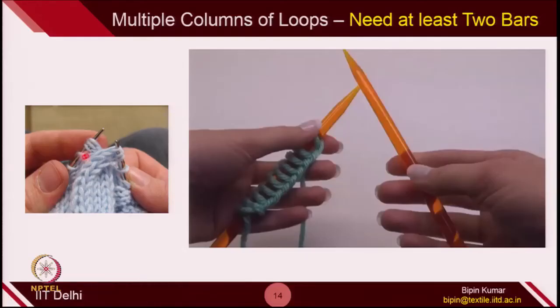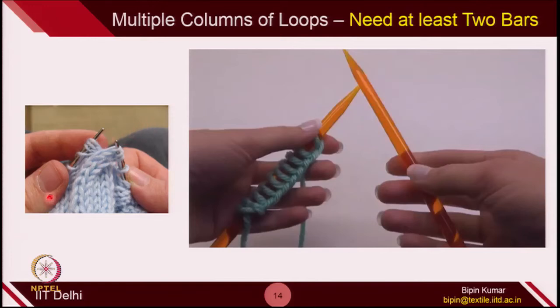Okay. Hand knitting is also a process similar to what we have seen in this video, where you take 2 bars, and 1 bar supports the old loop and the other bar creates the new loop and takes the old loop.